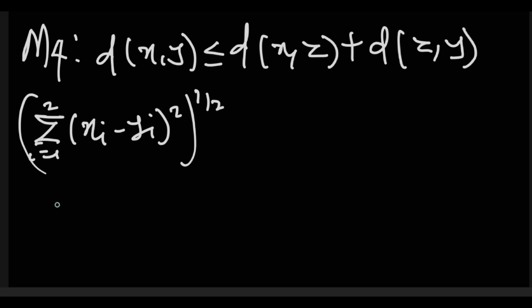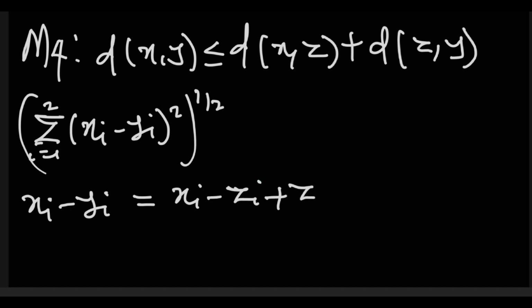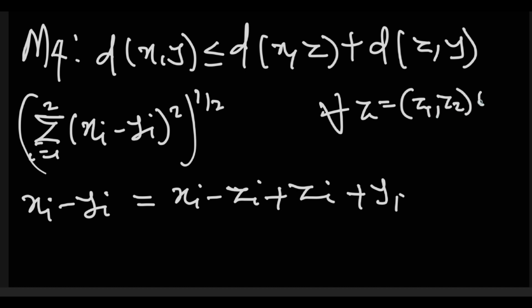Now remember, you can rewrite xi minus yi this way, which is (xi minus zi) plus (zi minus yi), for all z, which is (z1, z2), also in R2.